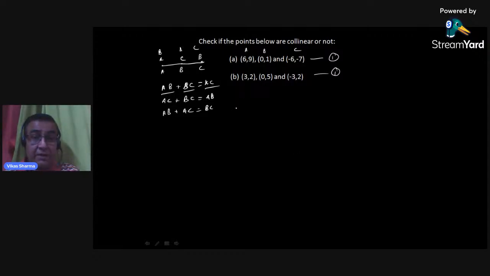So AB will be the square root of 6 minus 0 whole square plus 9 minus 1 whole square.